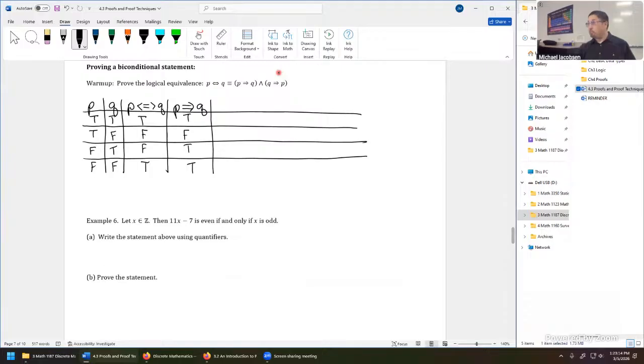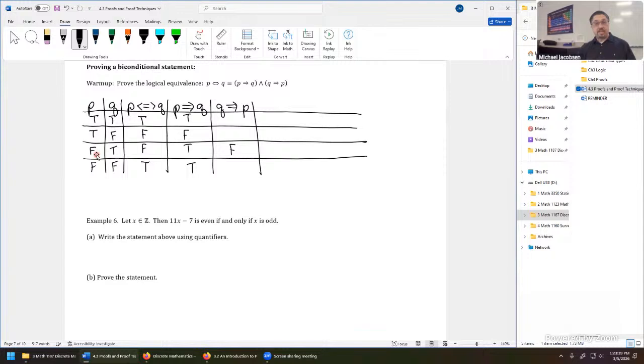Then same idea with Q implies P, except we're going backwards, so we have to be really mindful of the direction. Q implies P, let's look for the false. False will only happen if you're already at a true, but you go left from Q into P and land on a false. That happens right here on this row. It goes from true into a false.